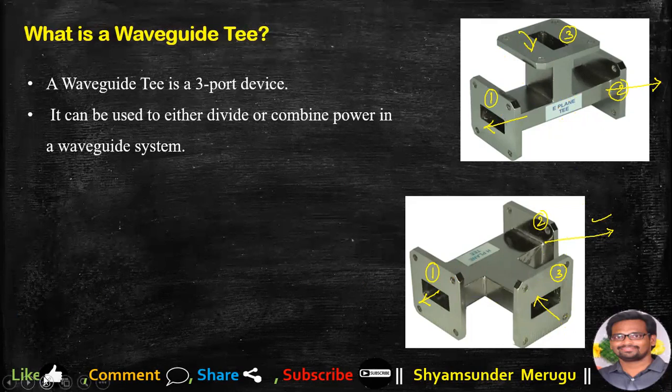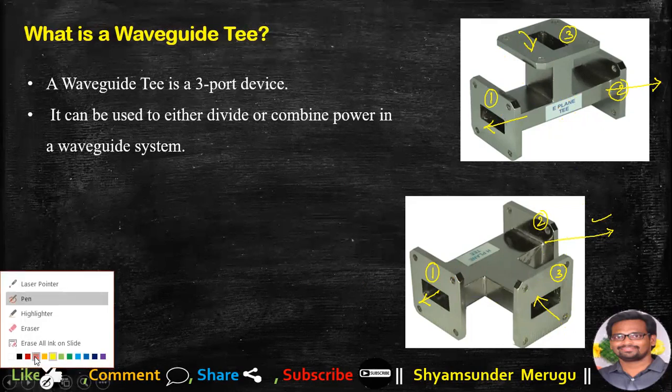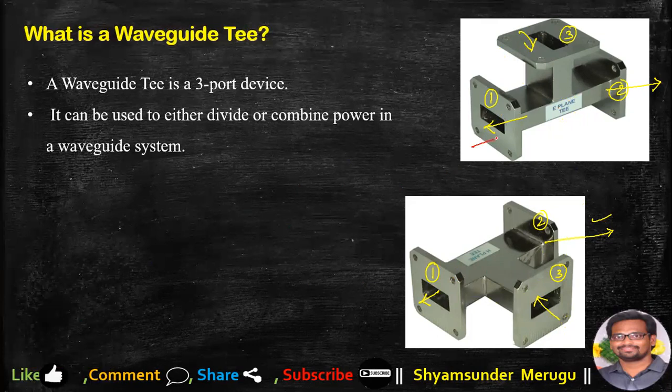At the same time, we can also see one more thing from this. If we give the input power at port 1 and also at port 2, with inputs which are out of phase, these two powers will be combined and collected as an output at the other port, that is port 3.